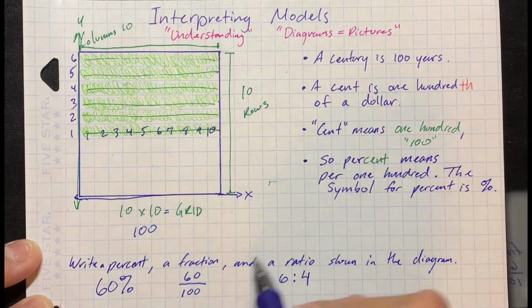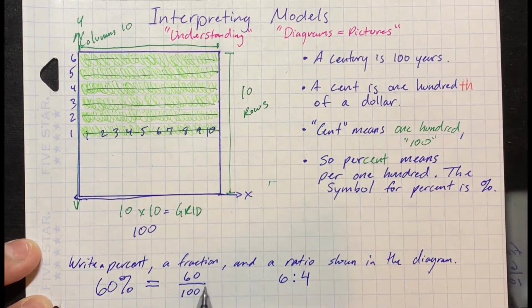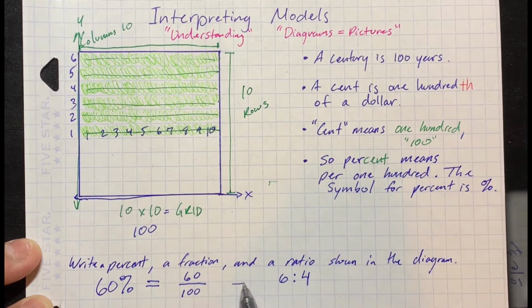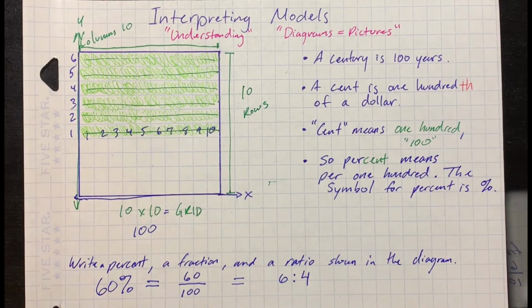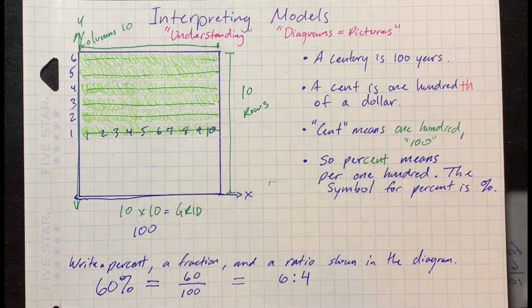So again, 60% is equivalent to 60 over 100, and that is equivalent to the ratio 6:4. This is us interpreting models, meaning that we're reading pictures and pulling information off of them to make fractions, percents, and ratios.